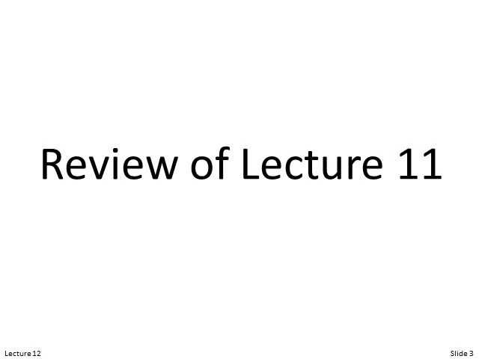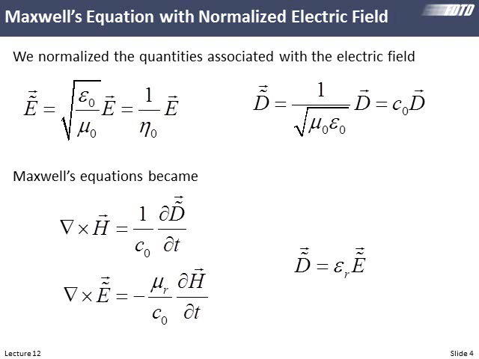First, we'll review last lecture. Last lecture, we did a formulation of a two-dimensional finite difference time domain code without yet the complications of a perfectly matched layer. That's coming. Another thing we did differently from the one-dimensional formulation is that we normalized the electric field quantities instead of the magnetic field.